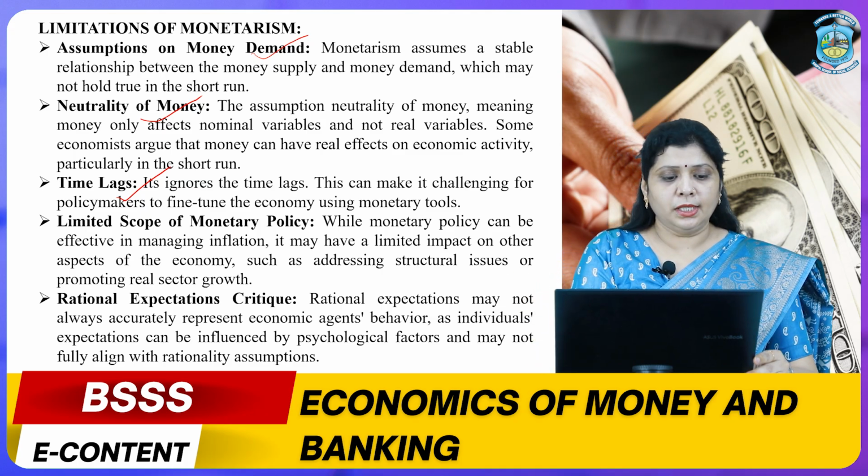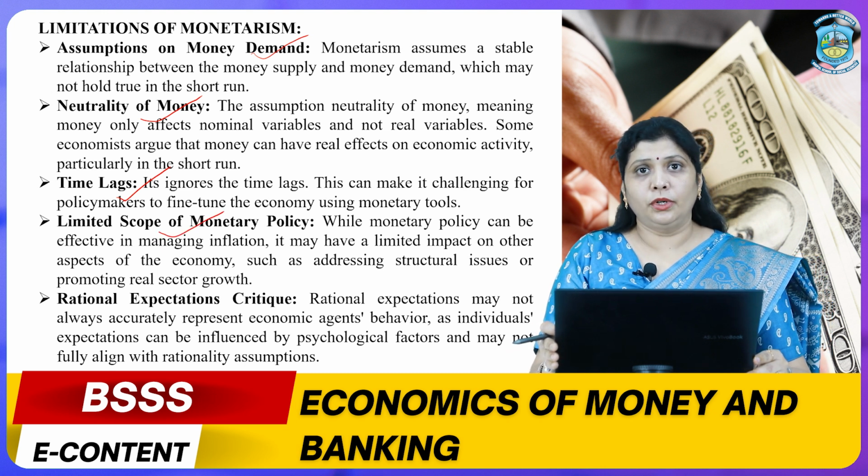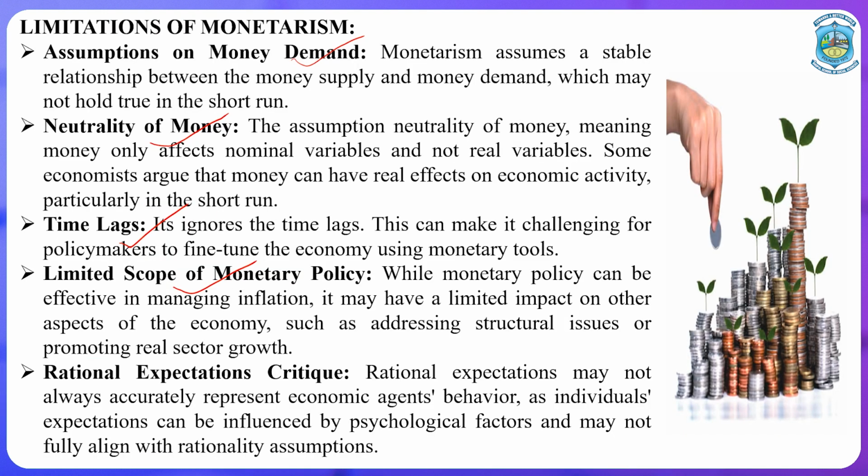Next limitation is the limited scope of monetary policy. Under monetary tools, you know about CRR, bank rate, interest rate, SLR, so many things. But in this policy, they discuss only the interest rate, which means the scope is very limited. Next criticism is of rational expectations.